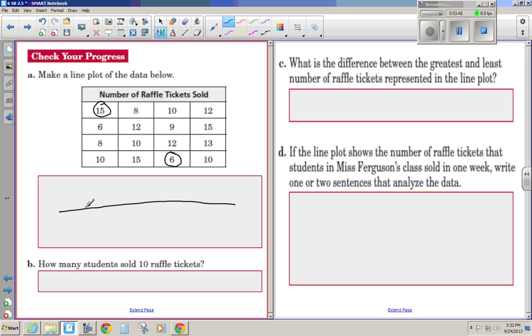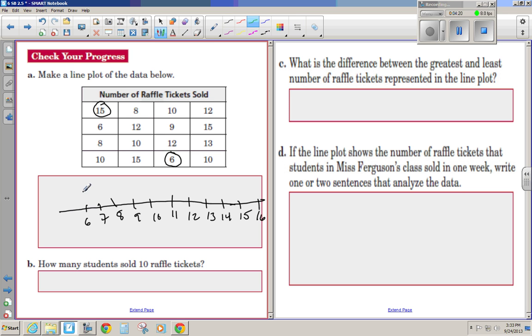So we can go from, you don't have to necessarily start at 0, 6, 7, 8, 9, 10, 11, up to 16. All right, so let's make the X's now.